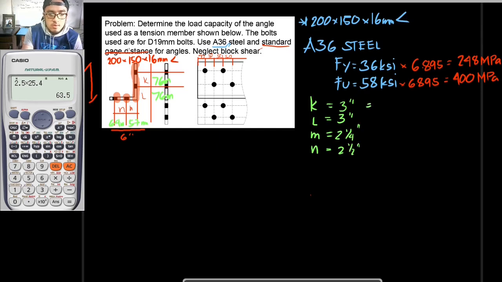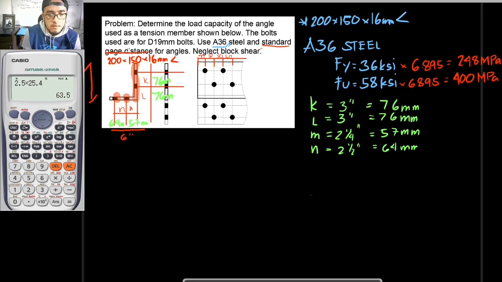So this is to be approximately 76. This is also 76. This is to be 57 and this is to be 64. All of those are in millimeters. Okay, so next up, let's get the standard hole of this.